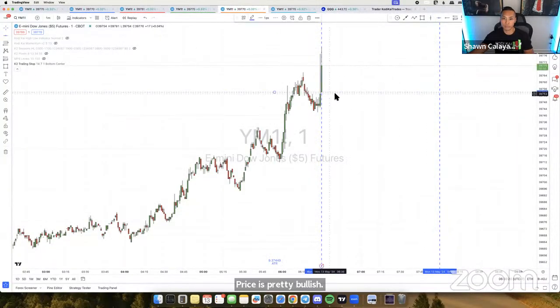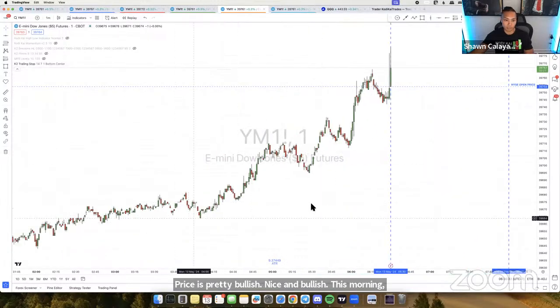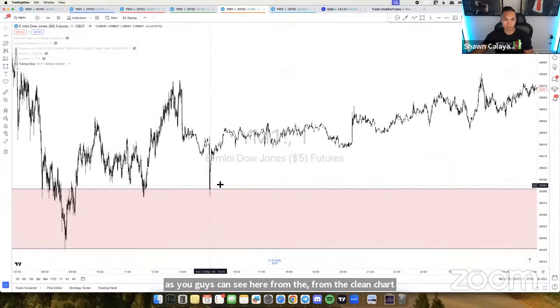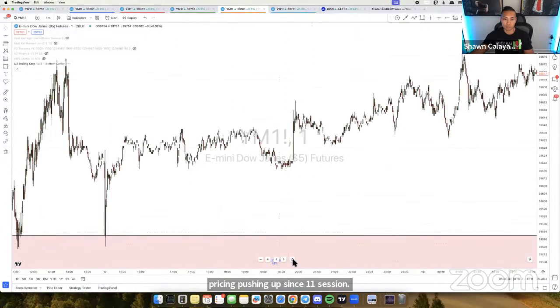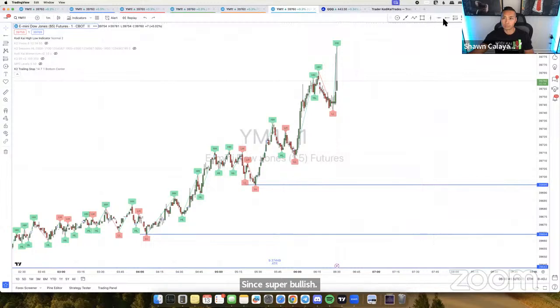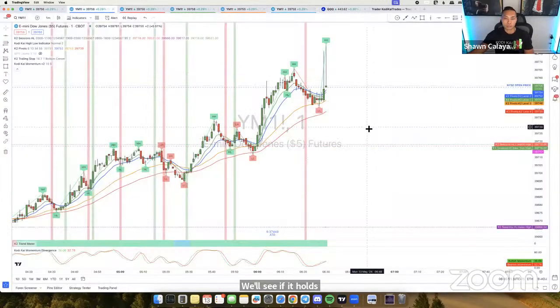I mean, it's been bullish since this morning, as you guys can see here from the clean chart. Price has been pushing up since London session. So even before London session, since market open, actually, it's been super bullish. We'll see if it holds. All right, so now we just wait.